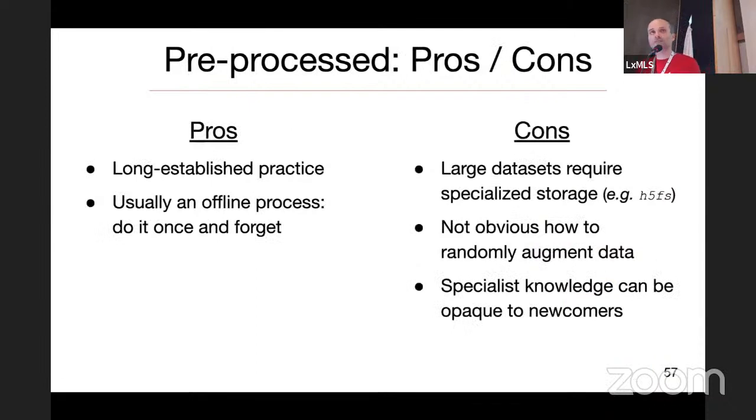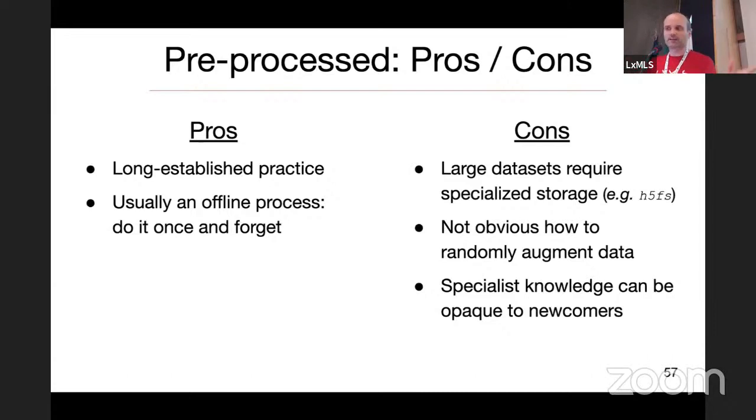So if I had to sum up some pros and cons of this, one of the major pros is that this is a very long established practice, and it's usually offline. So you do it once, you pray that you did it as they described in the paper you're trying to reproduce, install all the wrong versions of CUDA along the way, and then you forget about it. You just store it in some kind of specialized storage container like HDF5, which is a con.